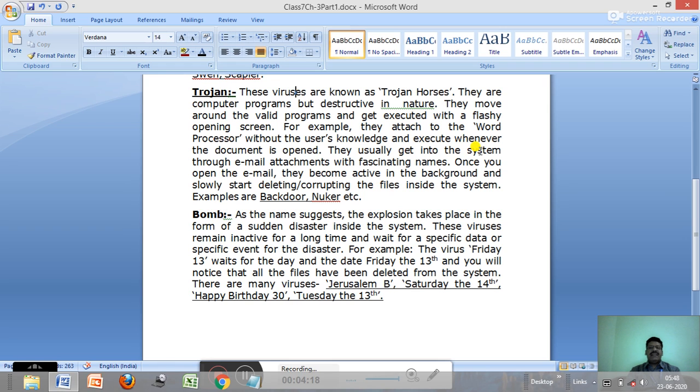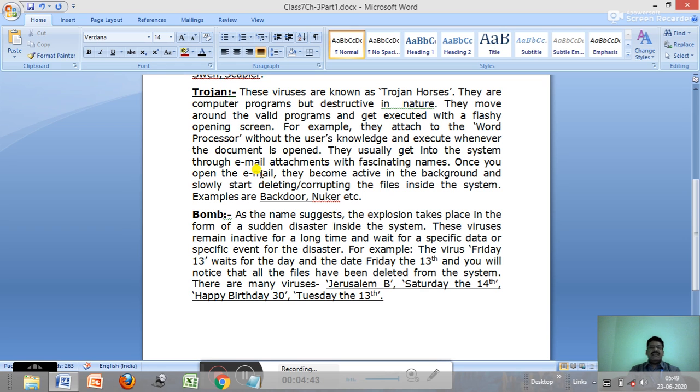They usually get into the system through email attachments with fascinating names. So they are attached to the computer with the email attachment. Suppose we get a mail with some attachment, any documents or photos. They get attached with the email attachment with some fancy name.